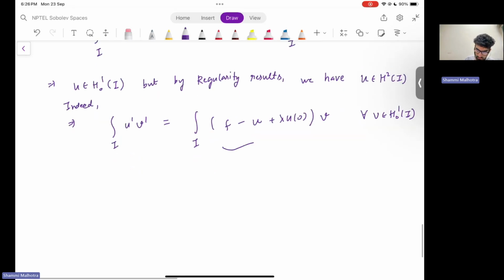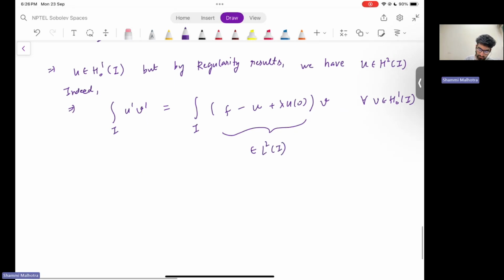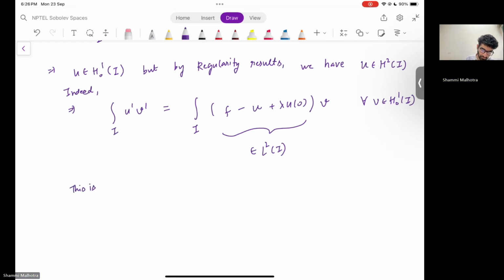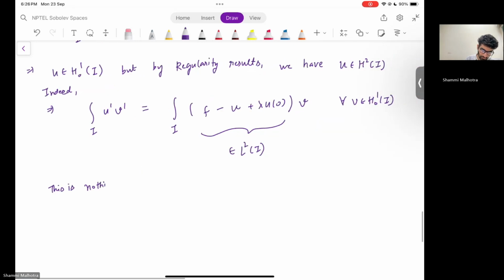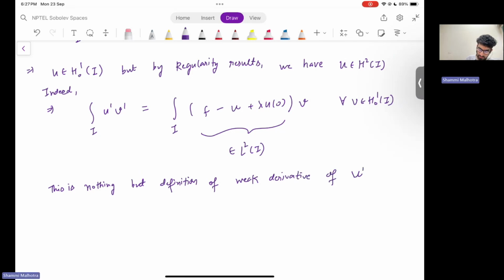So this is a function which belongs to L2(I), and this is actually nothing but the definition of the weak derivative of u', and this implies u has to be in H2(I).